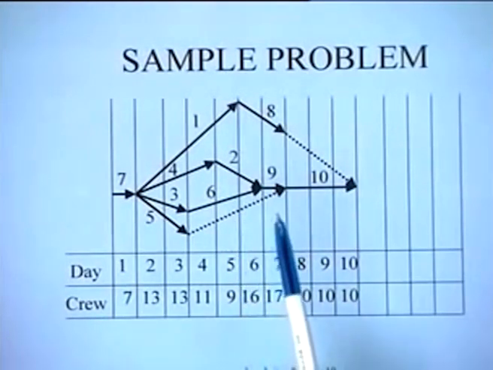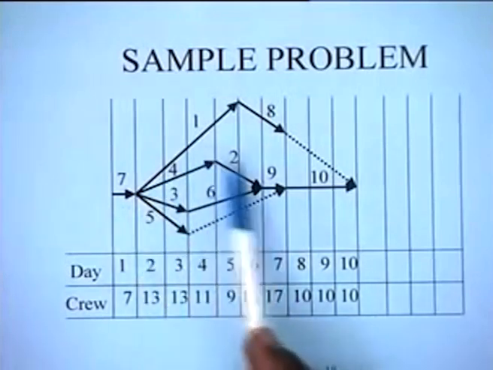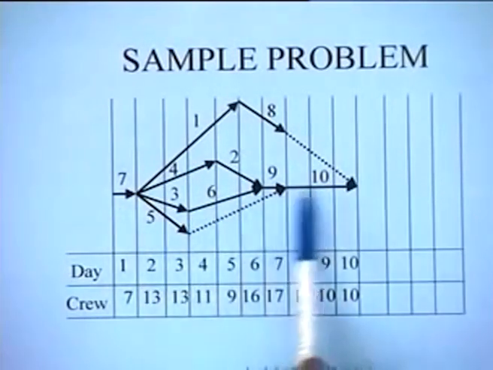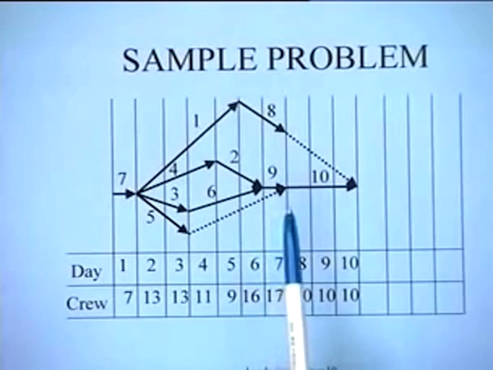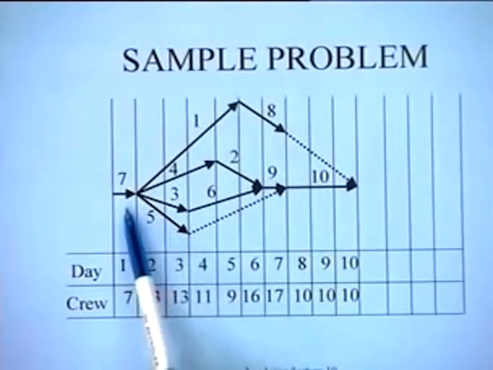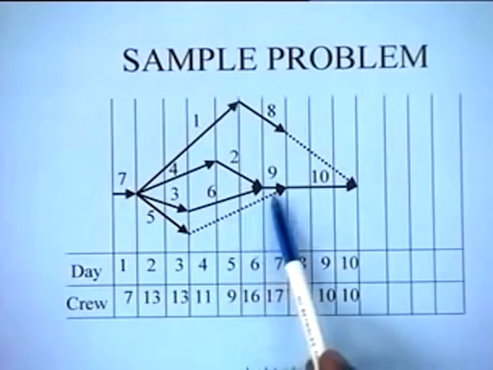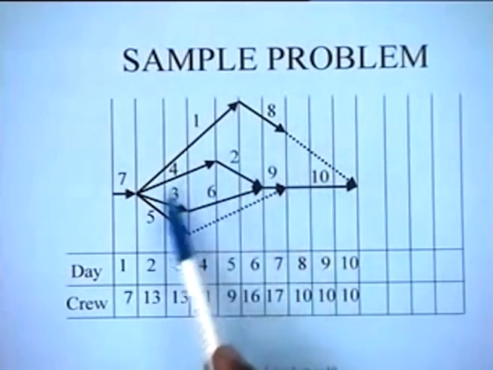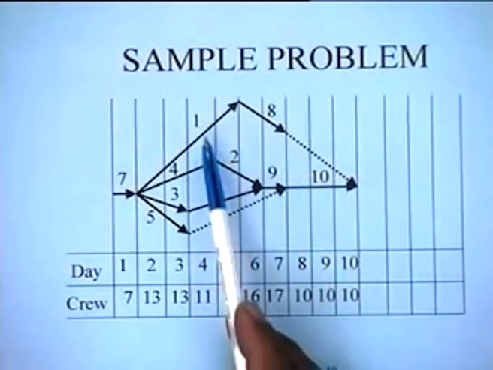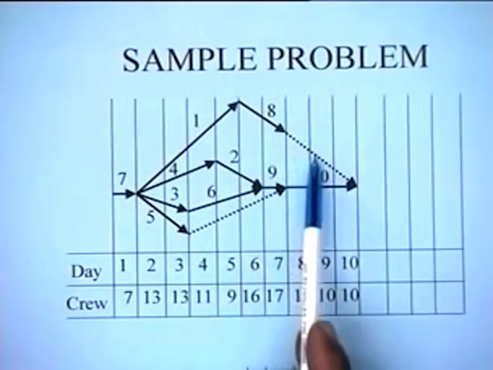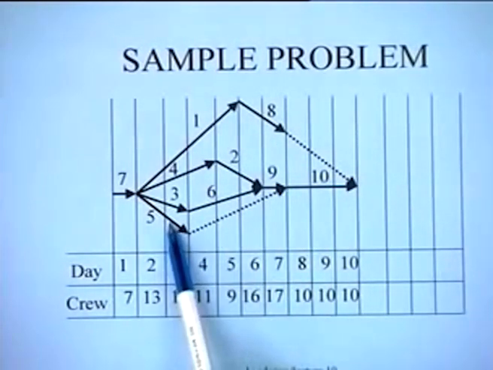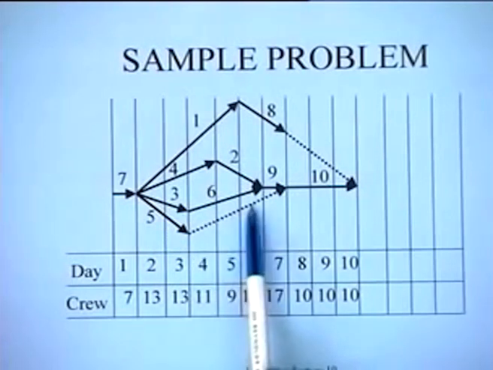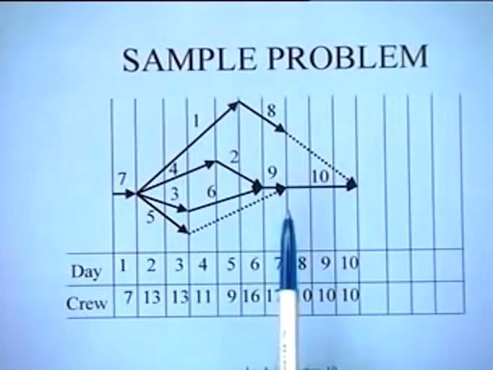So we have developed in this case the early start schedule for this project. All activities are scheduled at their earliest, so these dotted lines show you the amount of total float which is available to the various activities. For instance, activities 1 and 8 have a total float of 3, activity 5 has a total float of 1, 2, 3, 4 days, right?